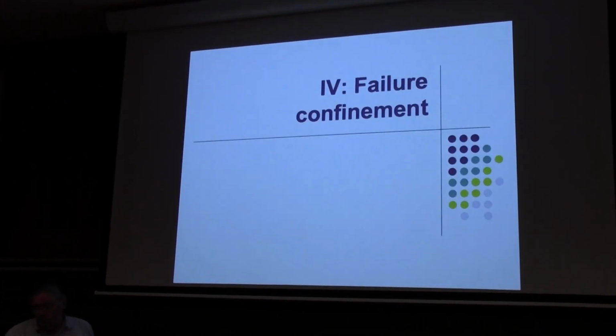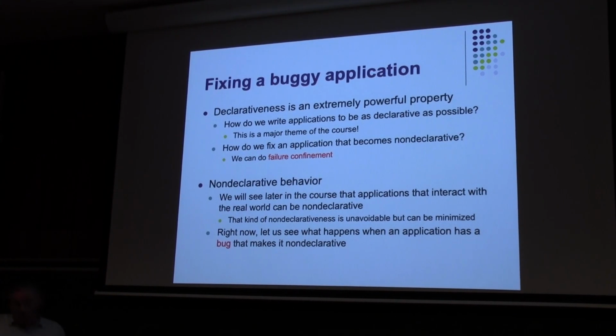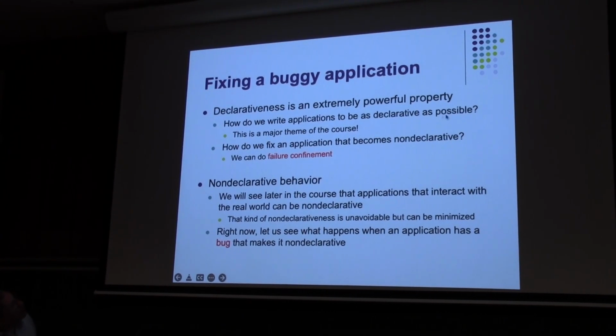Okay, now there's just a few small things. Failure confinement. Declarativeness, as you gather by now, I consider very powerful and important. So we want to write applications as declarative as possible. That's a major theme of the course.